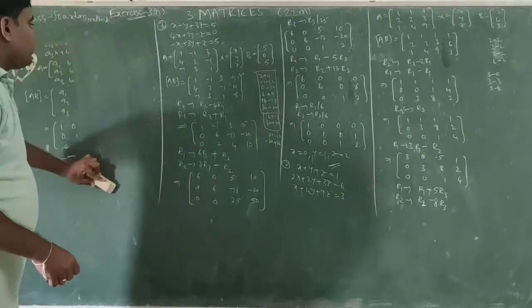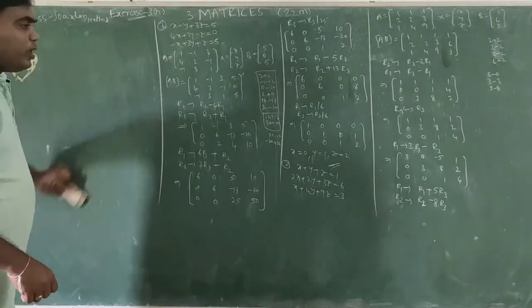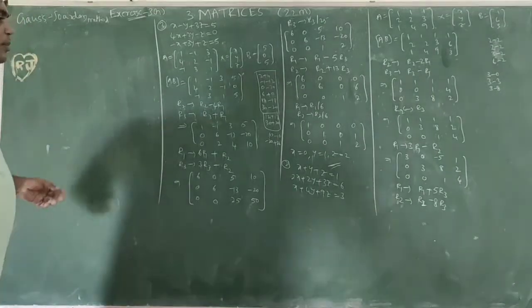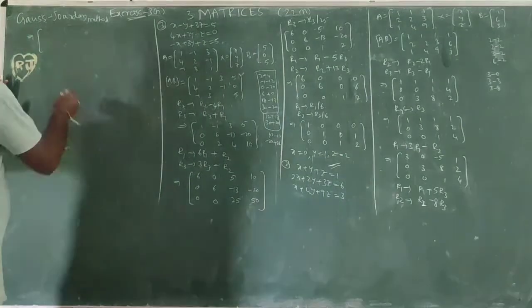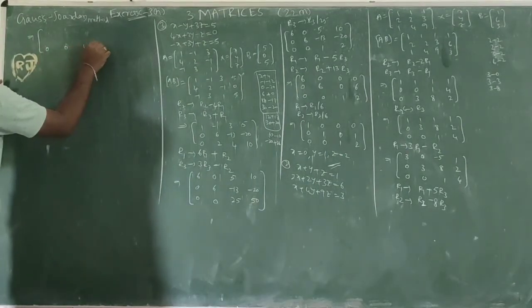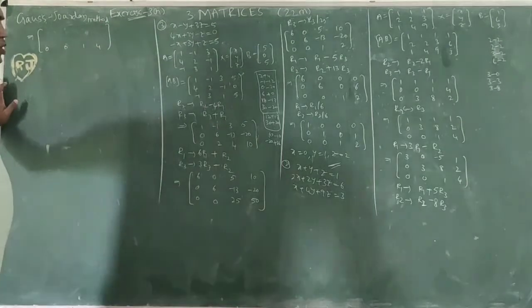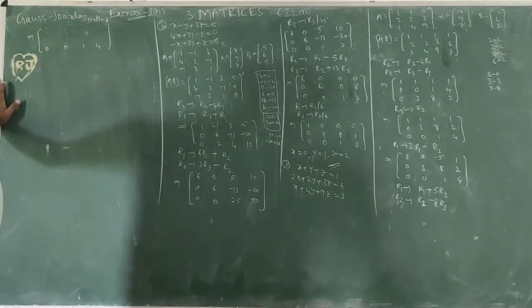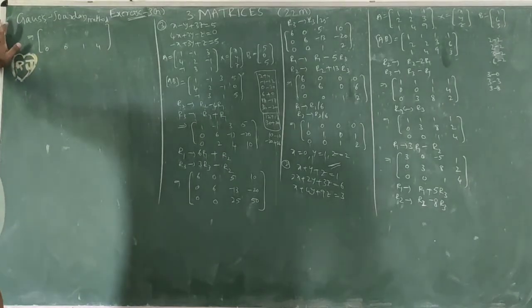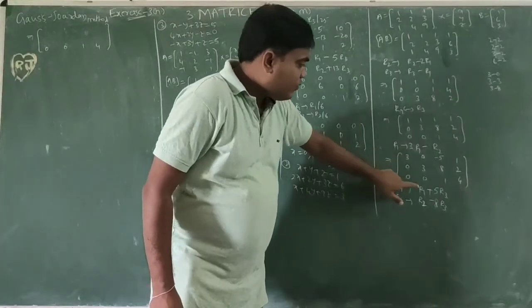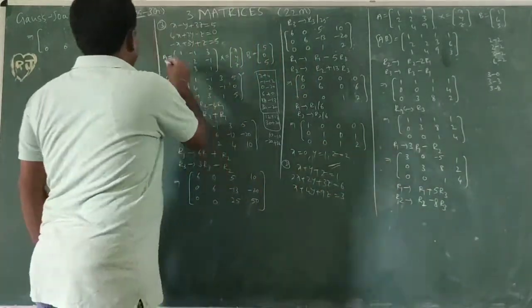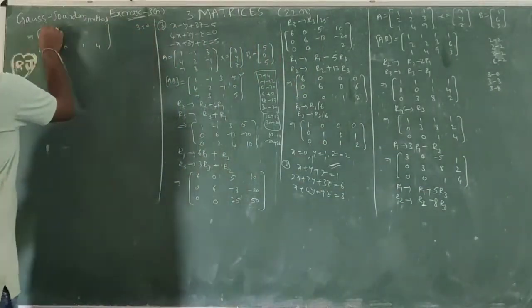So R1 and R2 changed, R3 unchanged. So I am writing R3 first. What is R3? 0 0 1 4. Next, first row: this is 3. 5 into 0, 0. 3 plus 0, 3.